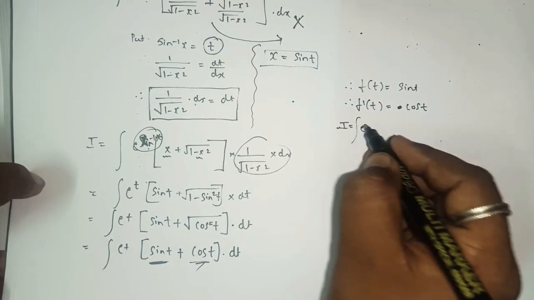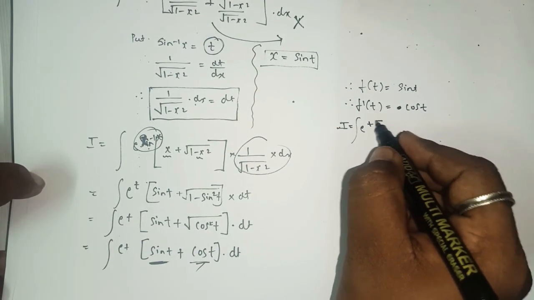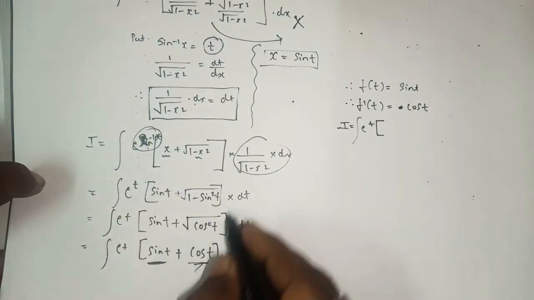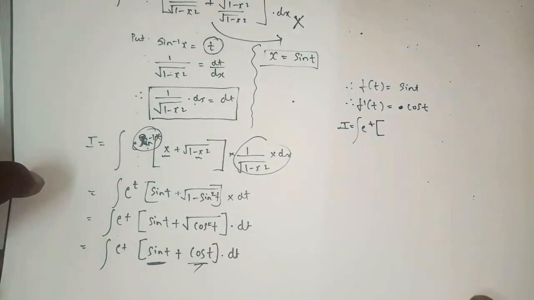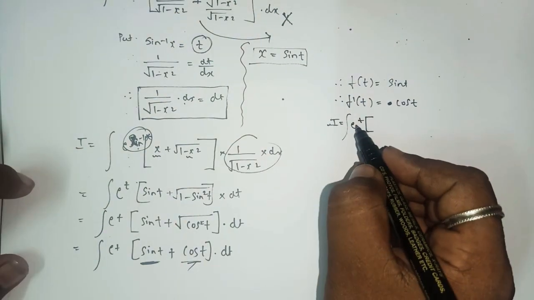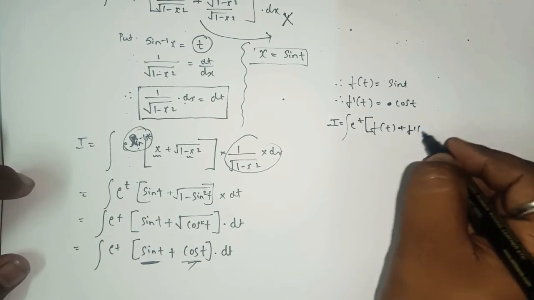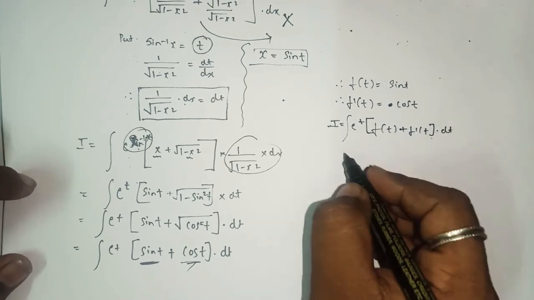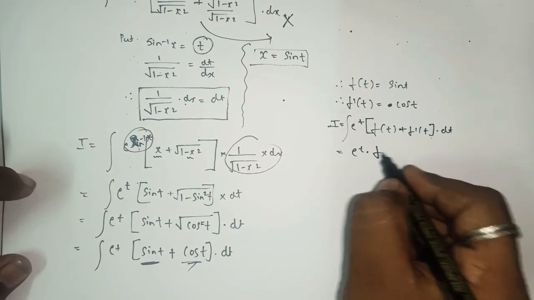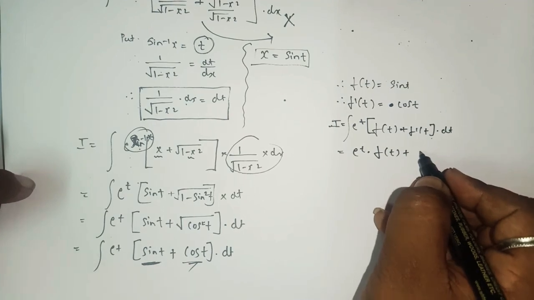What is the property? Since we are integrating with respect to t, of course we'll take e raised to t only. The integral of e raised to t into f of t plus f dash t into dt will be equal to e raised to t into f of t plus c.